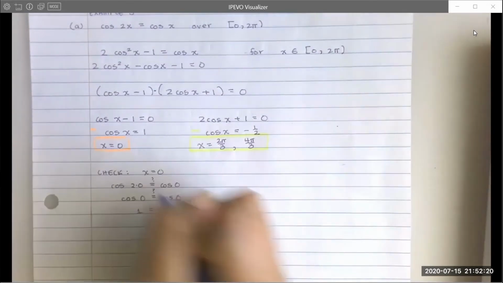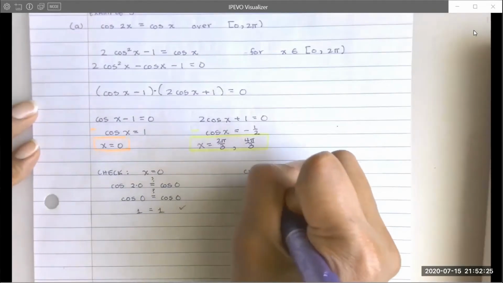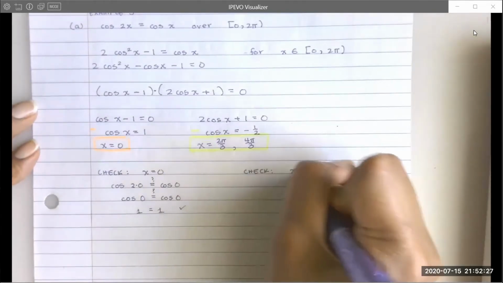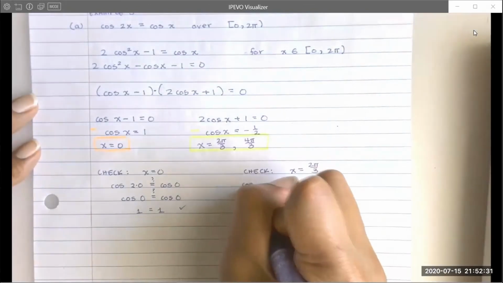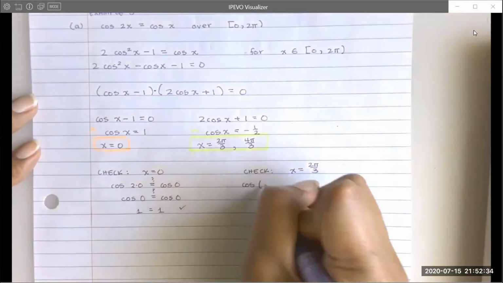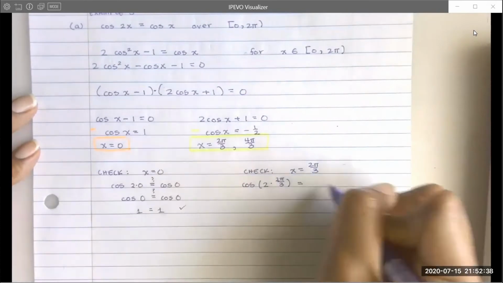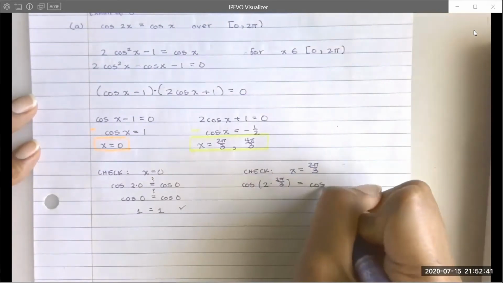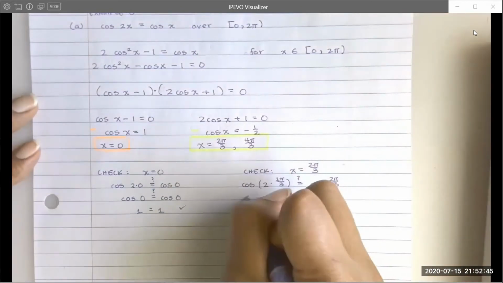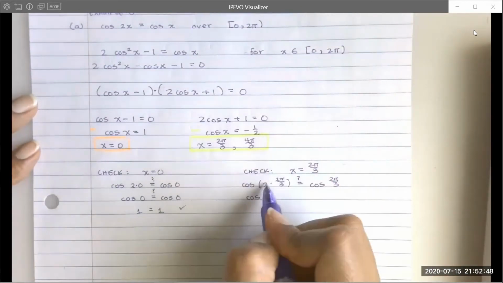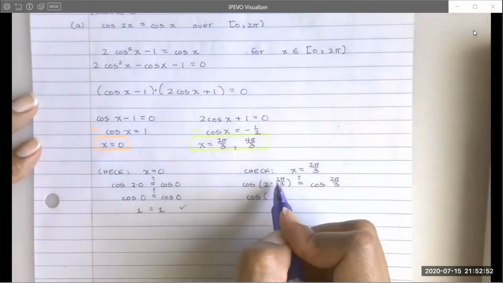So that works out. If I want to check that x is equal to 2 pi over 3 is also a solution, then I would plug it in. Is it true that cosine of 2 times 2 pi over 3 is equal to cosine of 2 pi over 3? Well, here we're going to get cosine of 4 pi over 3.